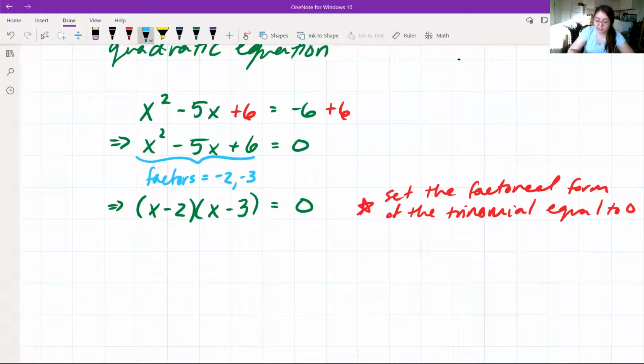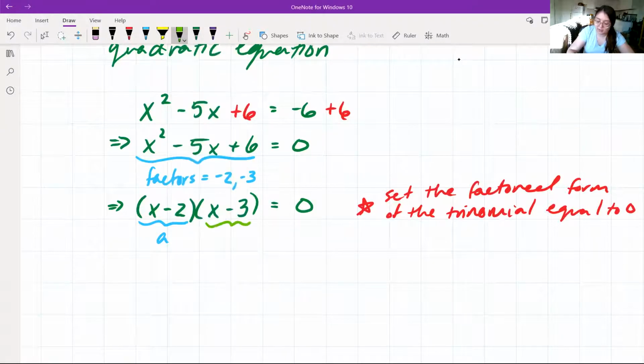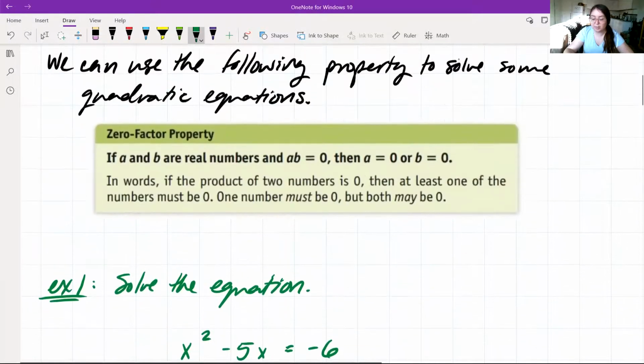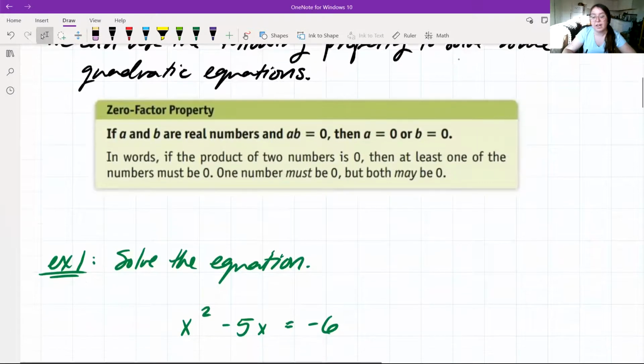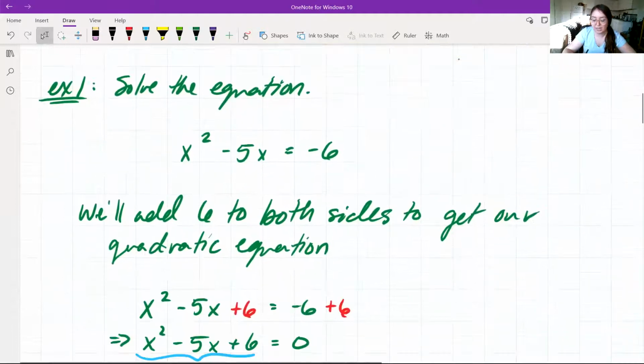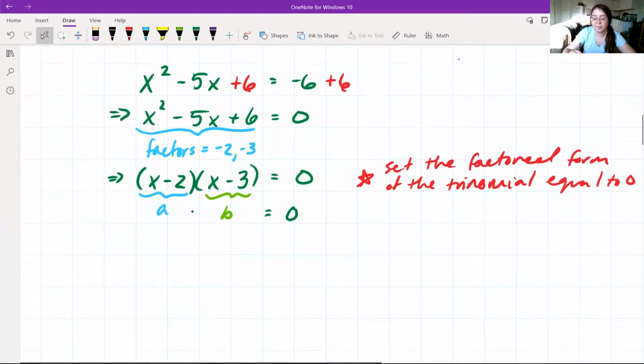So this is essentially like saying that x minus 2 is equal to A, and x minus 3 is equal to B. So here we're really saying that A times B is equal to 0, which is our zero factor property. This also means that A has to be equal to 0 or B has to be equal to 0. Or they can both be equal to 0, but one has to be true.